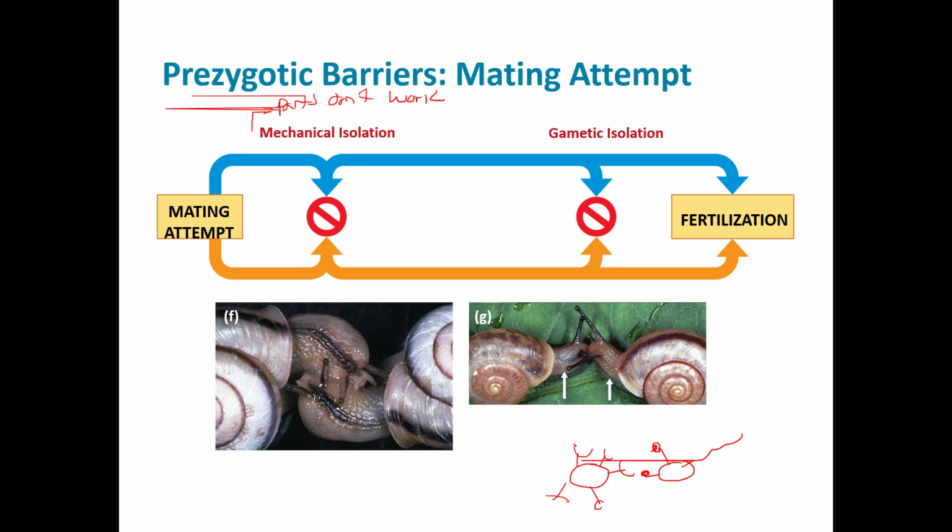But if you have the wrong proteins on the surface of your egg or sperm, they will not fuse together and no fertilization will occur. So you have sex in this case, but the zygote is not formed because the egg and sperm do not fuse together. That's gametic isolation.